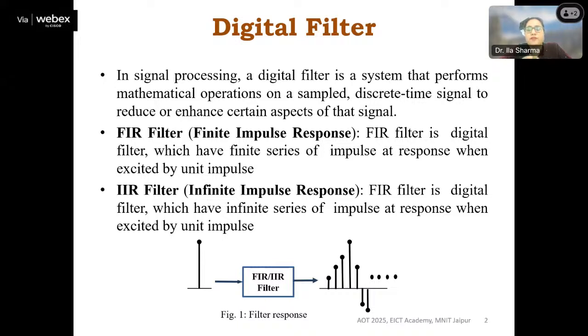Isn't it? Some parts of the frequencies are restricted and some parts are passed, and accordingly we have one figure in our mind where we have seen the low pass, high pass, band pass, and band stop filter. So this is the very layman or bird's-eye view of a filter.